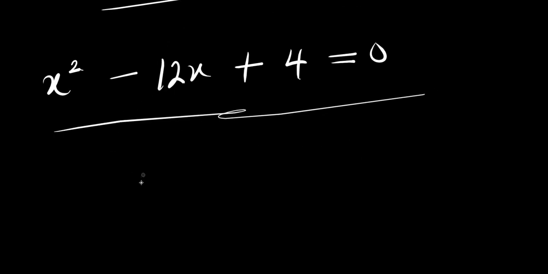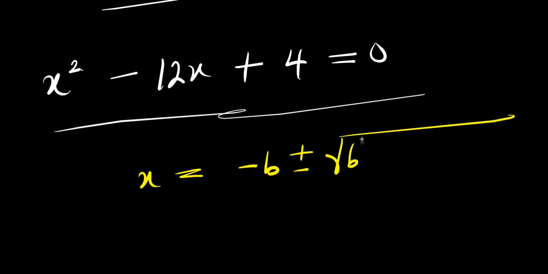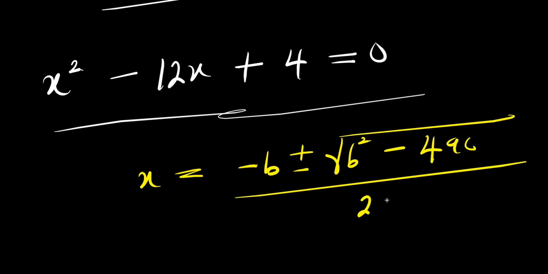We write the formula with respect to x. We have x equals negative b plus or minus square root of b squared minus 4ac, divided by 2a. So from here, we have a equals 1, coefficient of x squared. b equals negative 12, coefficient of x.